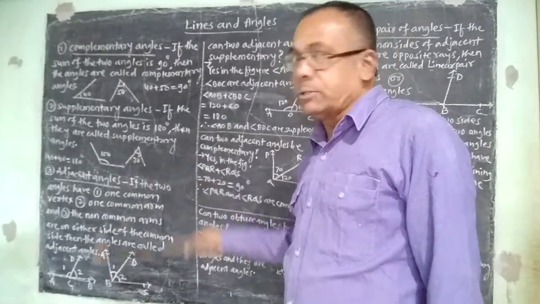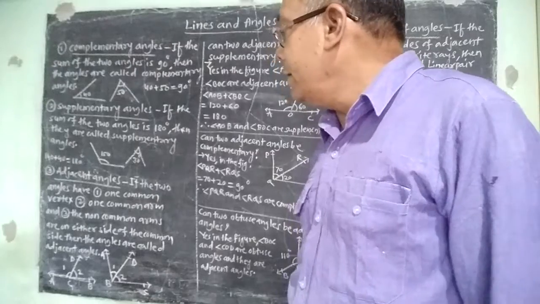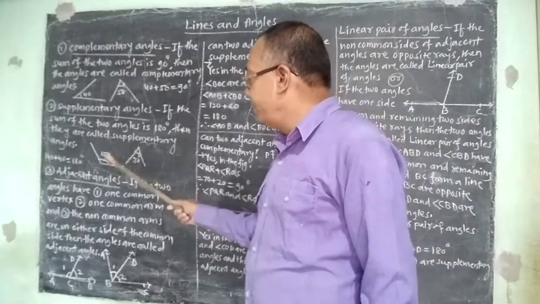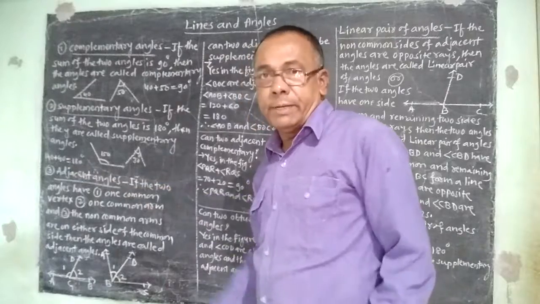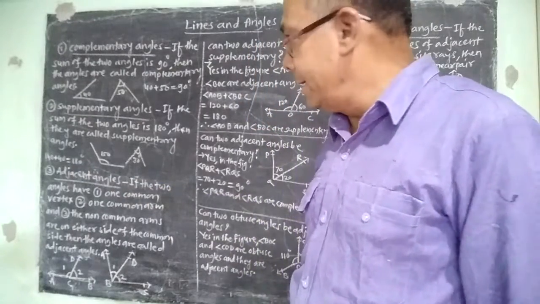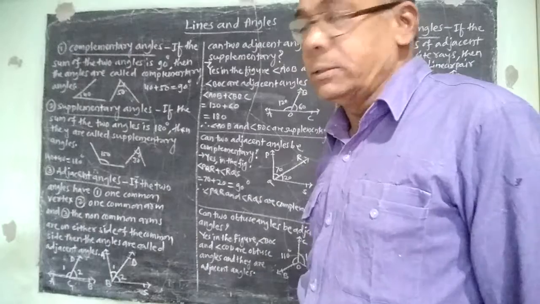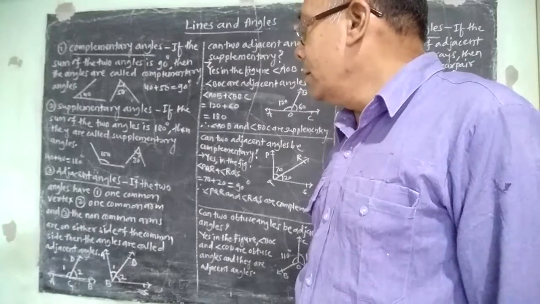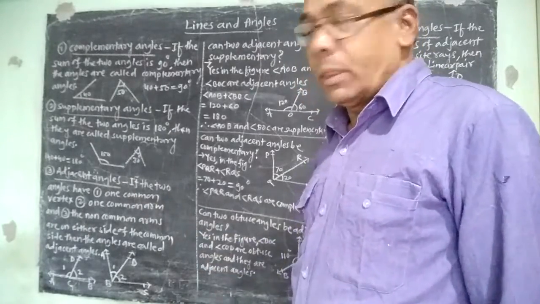So 150 plus 30 is equal to 180 degrees. So here 150 plus 30 or 140 plus 40, we will get 180 degrees, and therefore both the angles are supplementary angles.